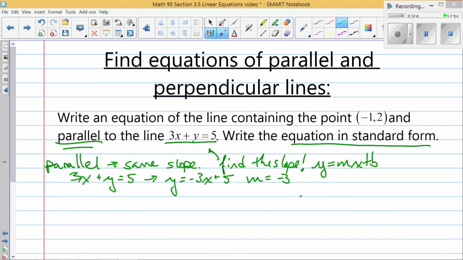That means the slope of my second line is also going to be -3 because I want to be parallel. Now I have a slope and I have a point. It's (-1, 2). So again, we are going to use point-slope form to get the equation of this line.